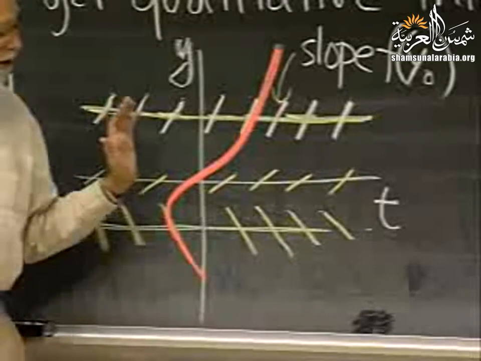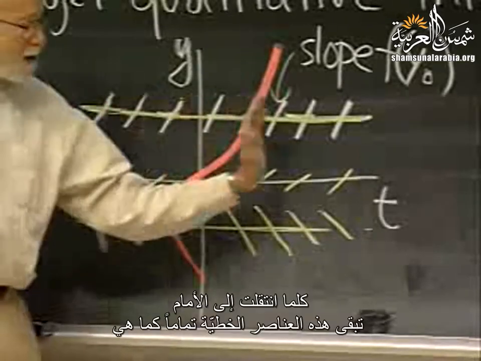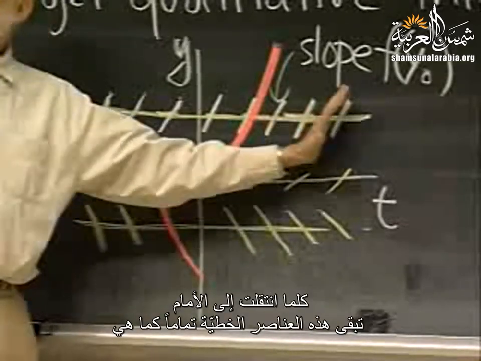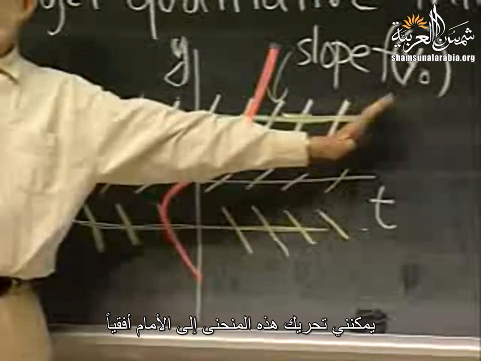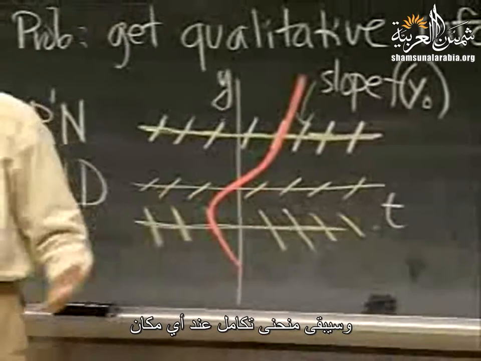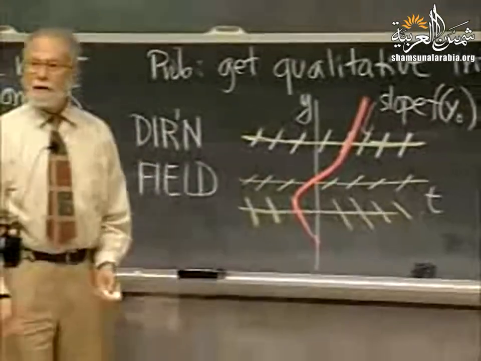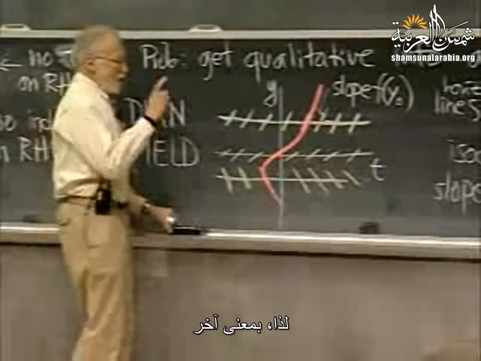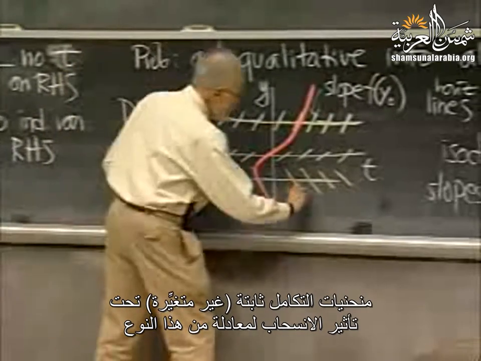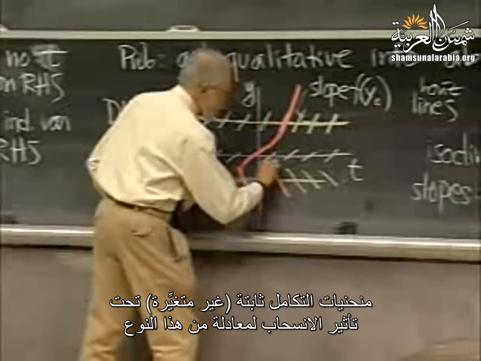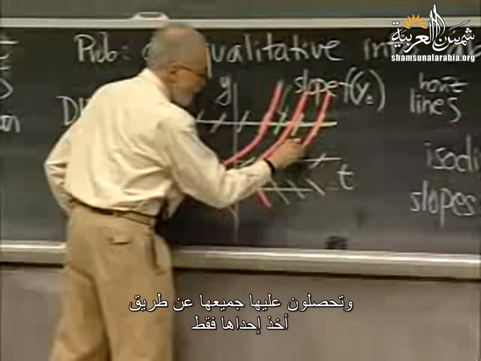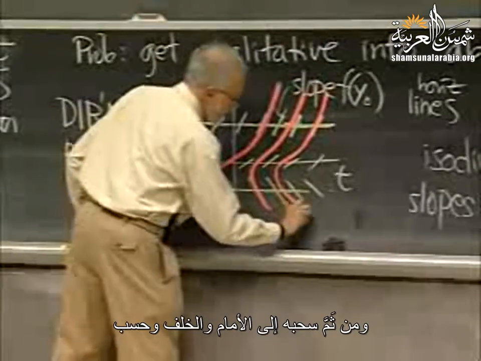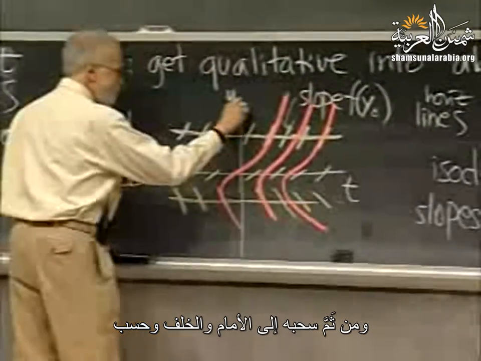Now, because as I slide along, these slope elements stay exactly the same, I can slide this curve along horizontally, and it will still be an integral curve everywhere. So in other words, the integral curves are invariant under translation for an equation of this type. They all look exactly the same, and you get them all by taking one and just pushing it along.